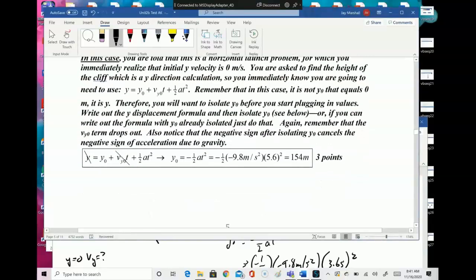Now, for some reason, even though I said 3.6 up there in my answer key, I put 5.6. I'm wondering if I still calculated it correctly, because that shouldn't be 5.6. Someone want to calculate this for me? 1/2 times 9.8 times 3.6 squared.